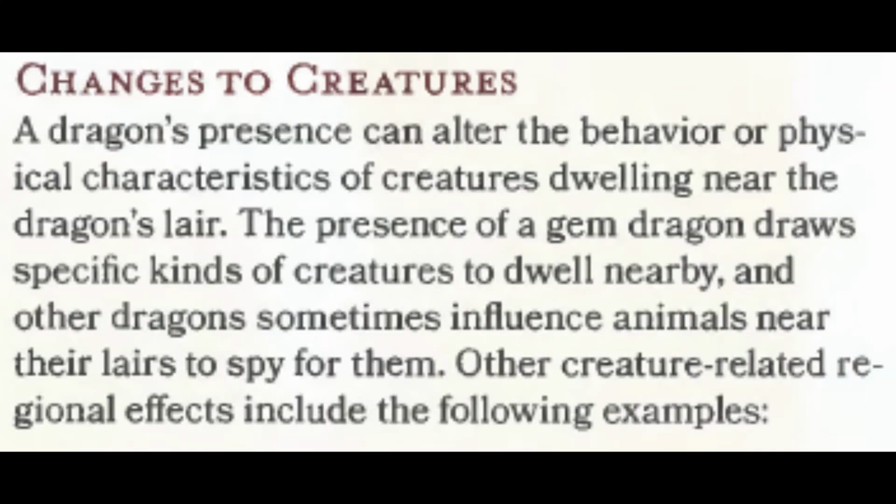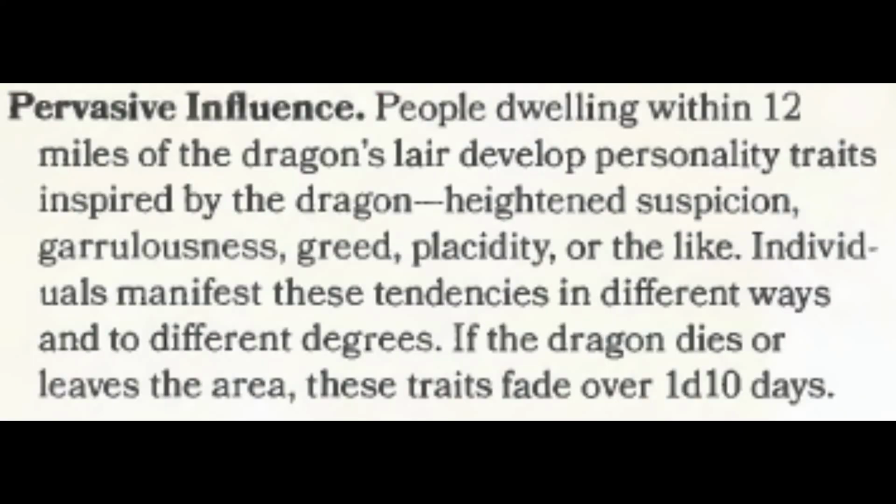Now moving on to changes to creatures, I went with pervasive influence. People dwelling within 12 miles of the dragon's lair develop personality traits inspired by the dragon, heightened suspicion, greed, plasticity, and stuff like that. Individuals manifest these tendencies in different ways and to different degrees.